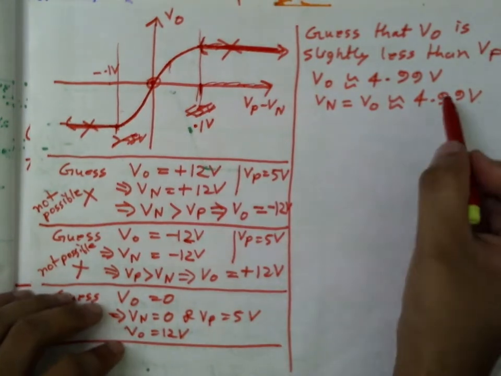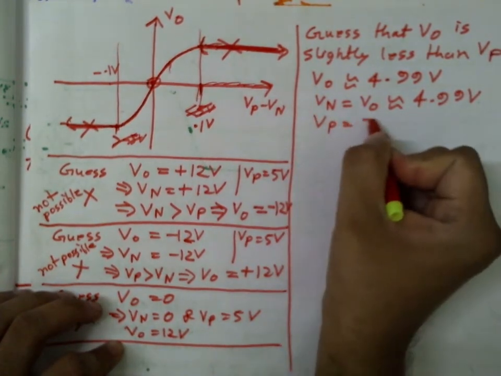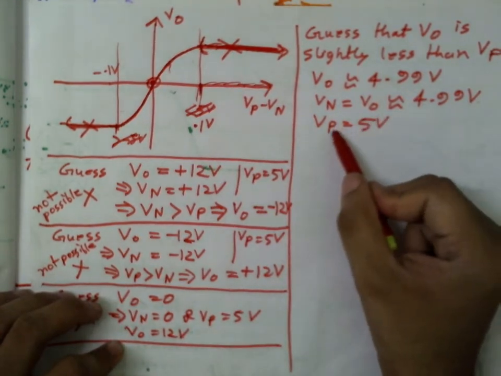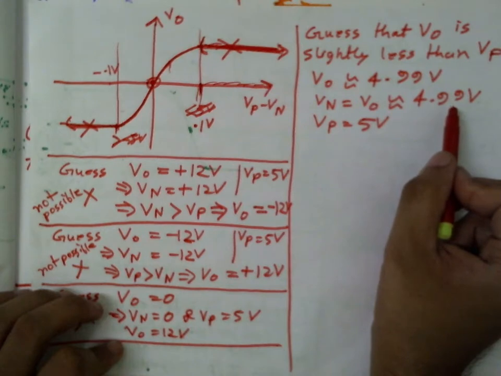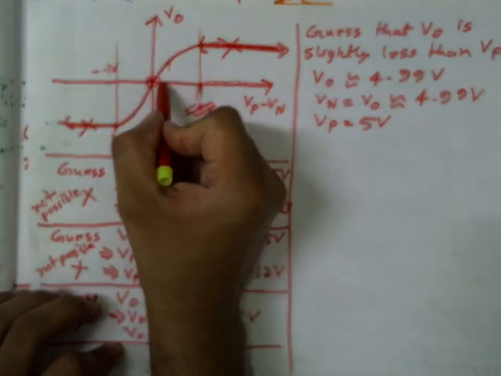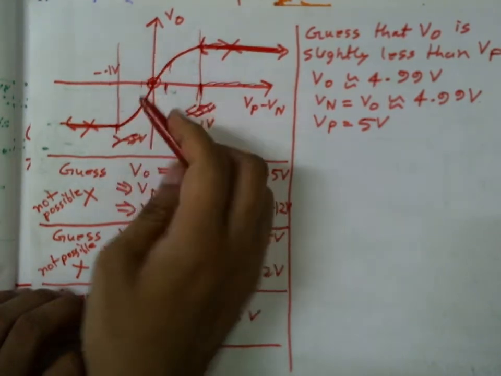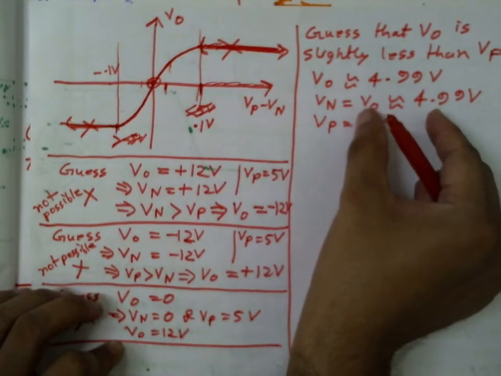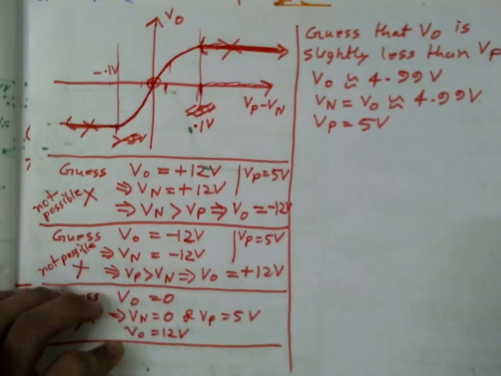And now we see that Vp is 5 volt. So the difference between Vp and Vn is not large, it's very small. It's only 0.01 volt. Okay, so it's something like here. It's 0.01 volt within this region. So this gap between Vp and Vn is within this resolution band, right?